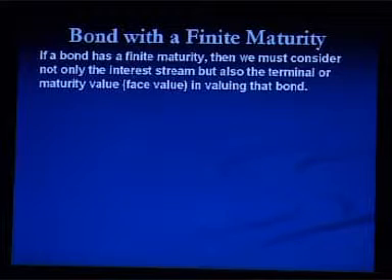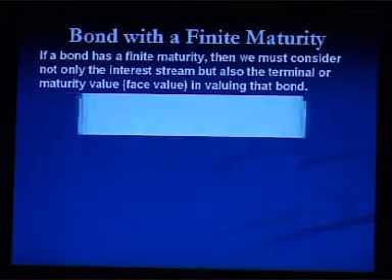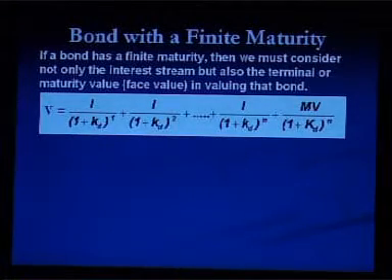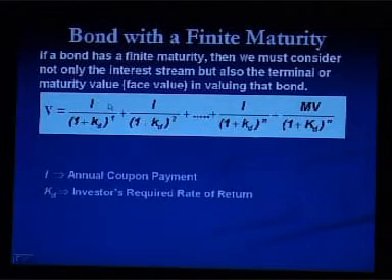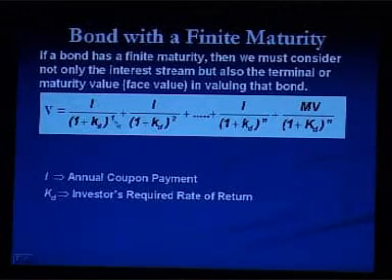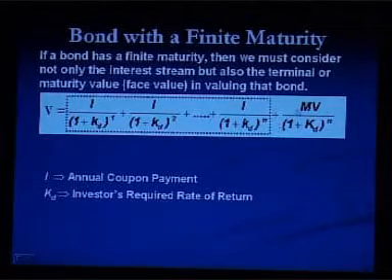If a bond has a finite maturity, then we must consider not only the interest stream, but also the terminal or maturity value or face value in valuing that bond. And in that case, the valuation model will be like this one, where the formula will be I divided by 1 plus KD to the power 1 and it will continue up to n, because up to n you will get interest here, and when the bond matures you will get the maturity value.